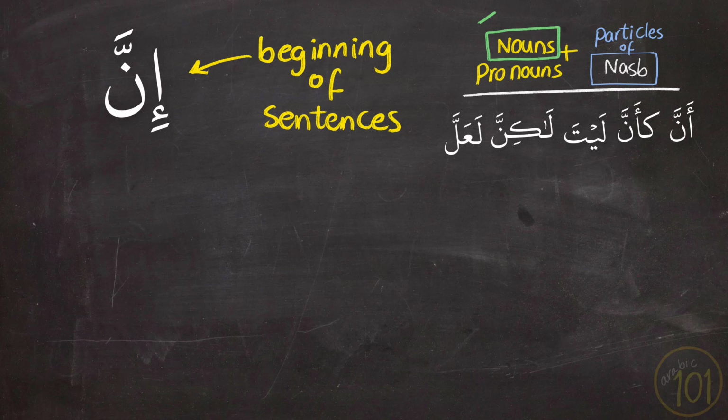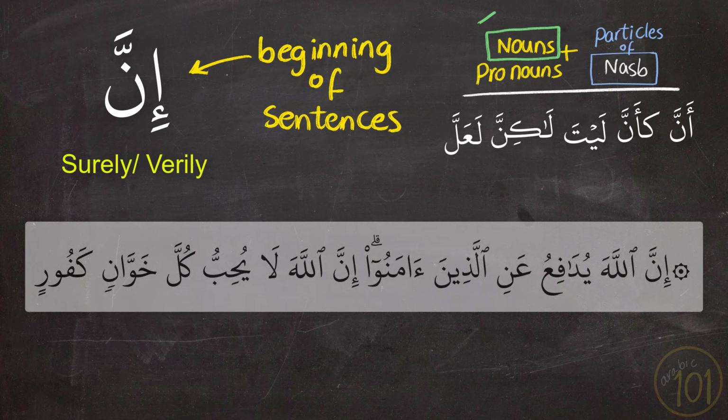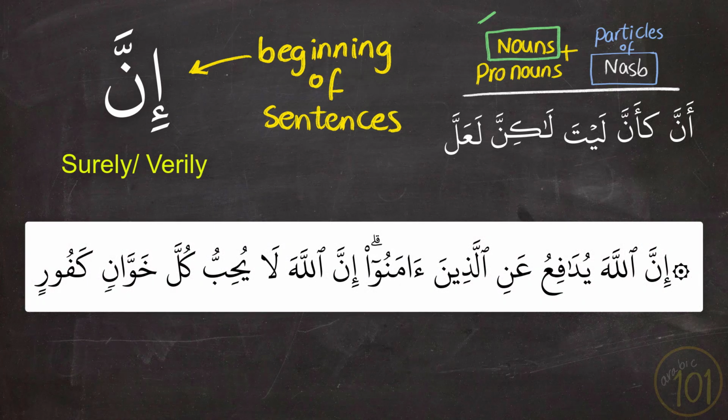That's why it is best translated to surely or verily. But just like other particles, on its own, it has little to no meaning, and it has to function within the context. In this coming example, we understand more what it means when we say that inna can only be used to start a new sentence.